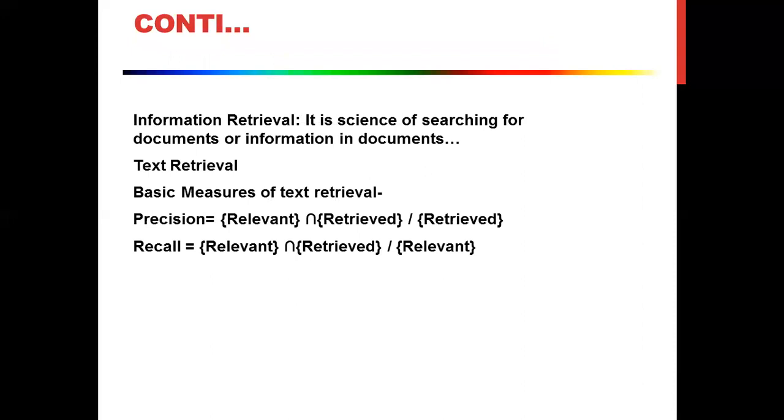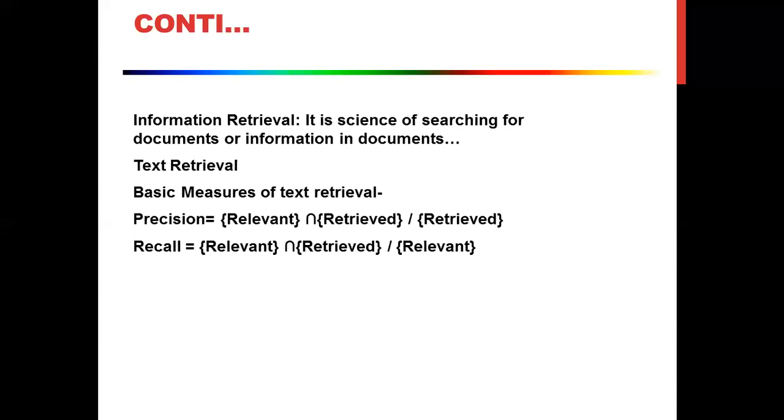So the next important point is information retrieval. It is the science of searching for documents or information in a large amount of documents. How are we going to find it? Basically, information retrieval means we are extracting and gaining knowledge from a huge amount of text. I want to search that.